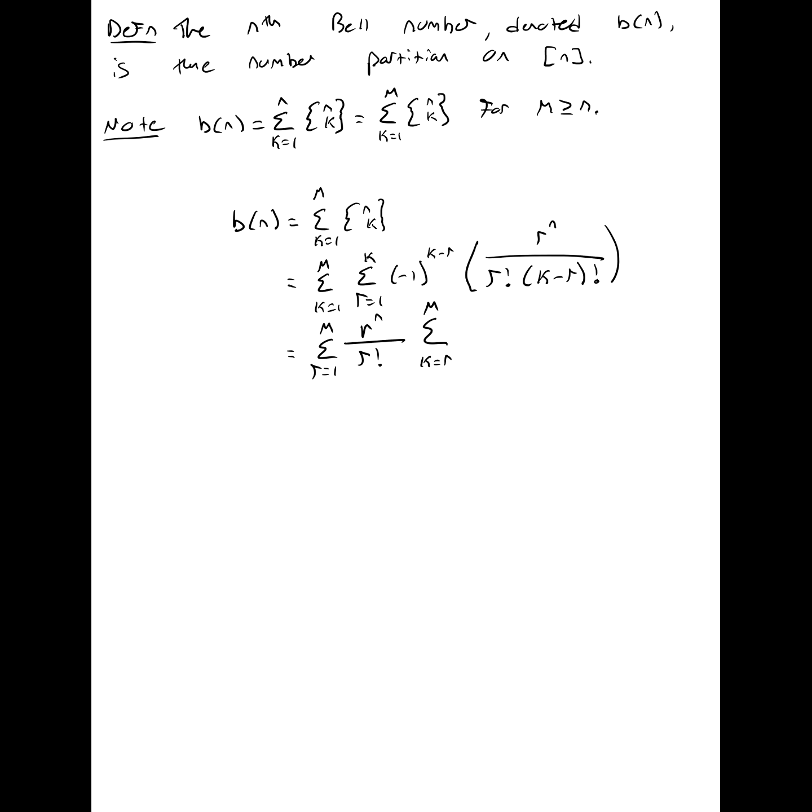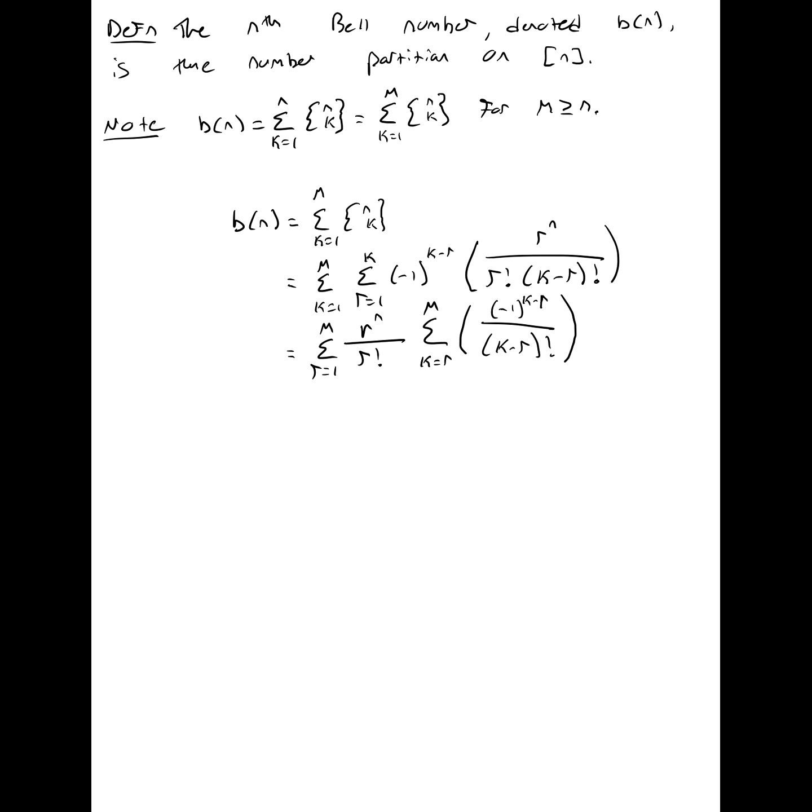The reason we started at k equals r is that if we fix some element r, this is only going to show up when k is bigger than or equal to r. And so what's left is the rest of it: negative 1 to the k minus r, that's supposed to be an r, all over k minus r factorial.